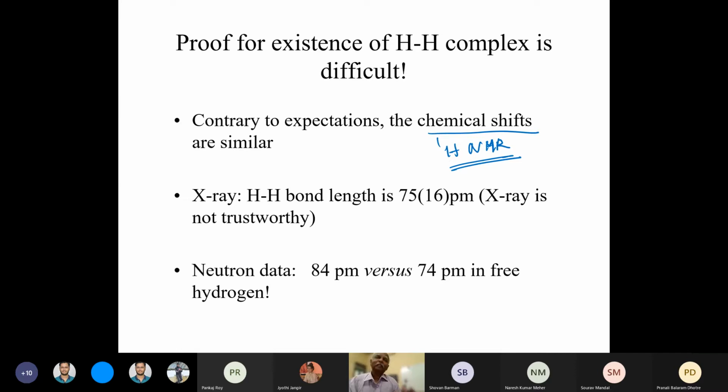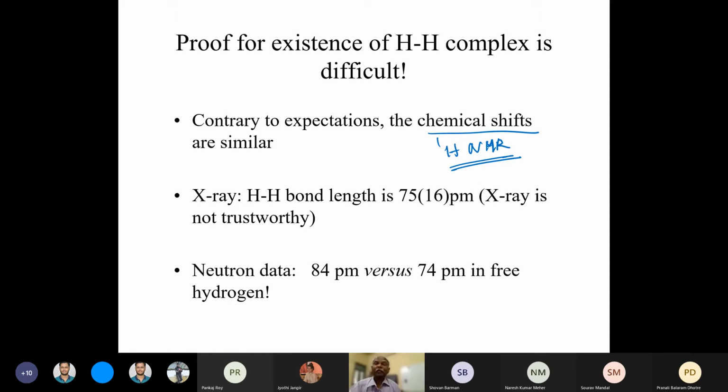The main factor seems to be the large amount of electron density which is sitting around the metal and the shielding it causes. So the chemical shift is usually in the minus ppm, high field, negative delta region.